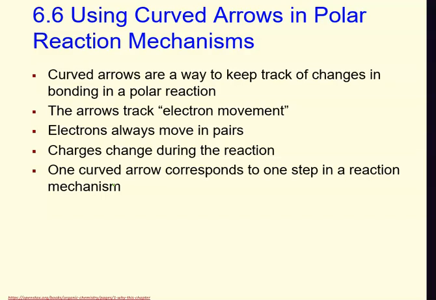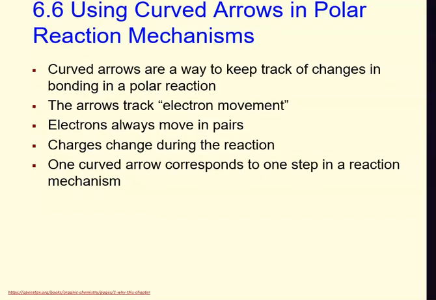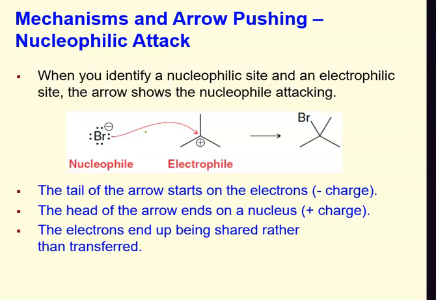It's always from the nucleophile to the electrophile. So these are some examples. The tail of the arrow starts on the electrons, and the head of the arrow ends on the positive charge. Okay? Once you identify the nucleophilic and electrophilic sites, you have to make sure that the arrows are drawn correctly.